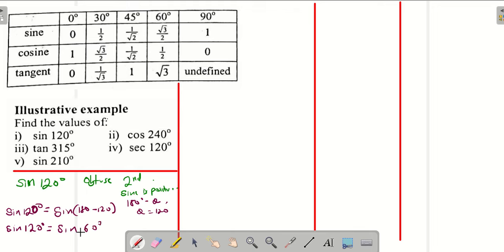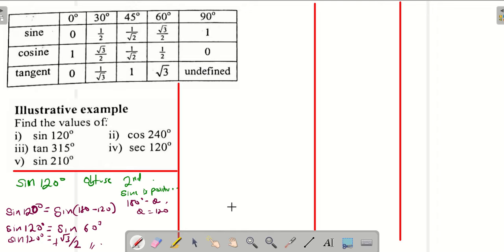And we know that 60 degrees is a special angle. Therefore, sine 120 degrees is equal to sine 60, which is root 3 on 2. And it's supposed to be positive. So sine 120 degrees should be equal to positive root 3 on 2. And that is correct.